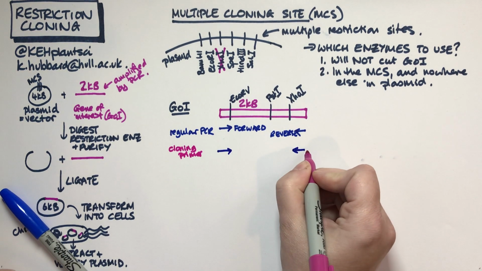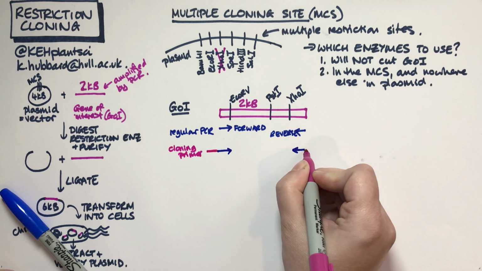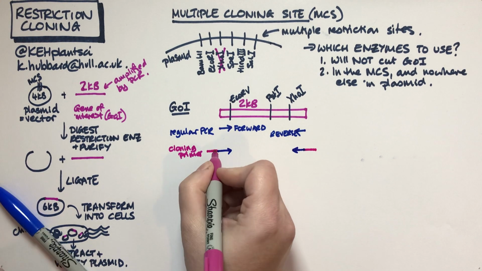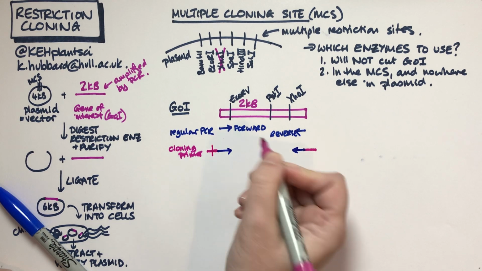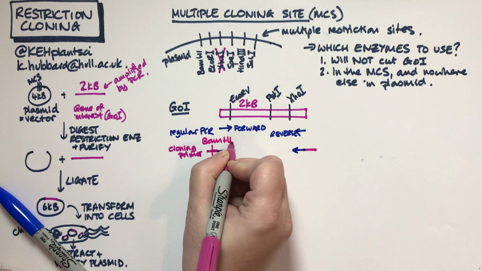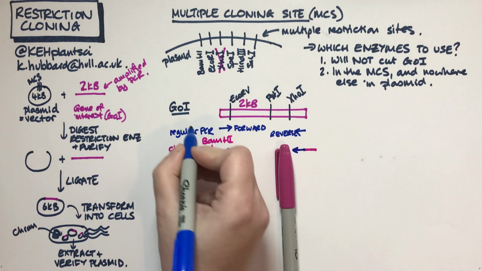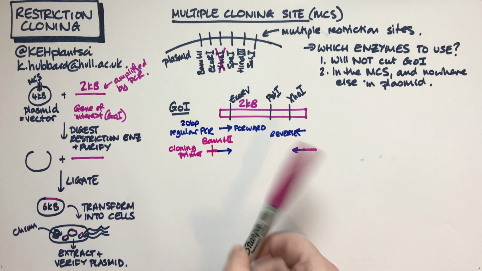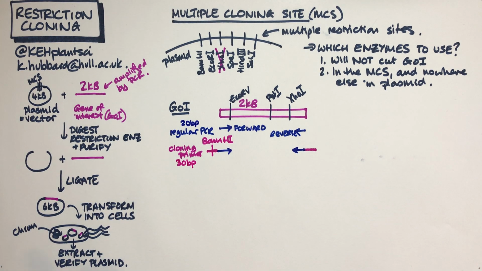But then on the ends of it, we actually make the primer longer than it needs to be. And on that primer, we add a restriction site. So we can then add, for example, a BamHI site. Our regular PCR primers are usually about 20 base pairs. A cloning primer would be about 30 base pairs and would work like this.